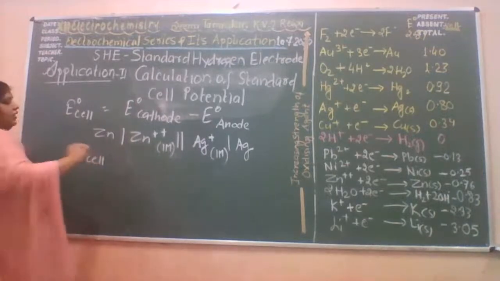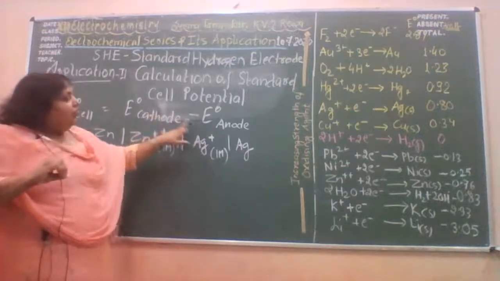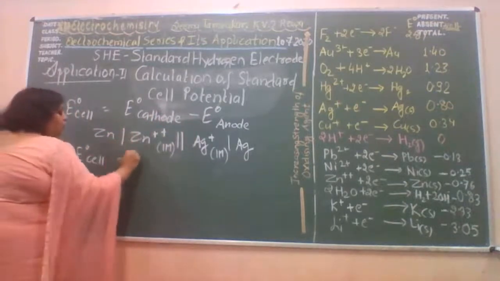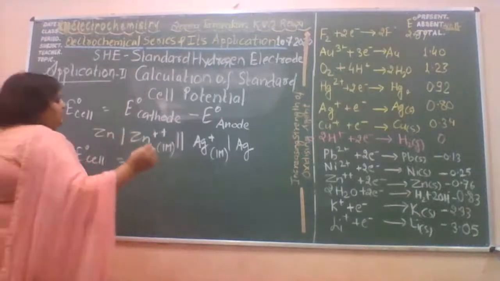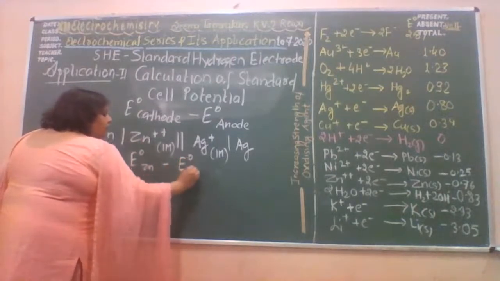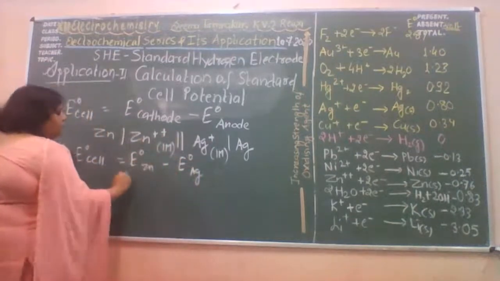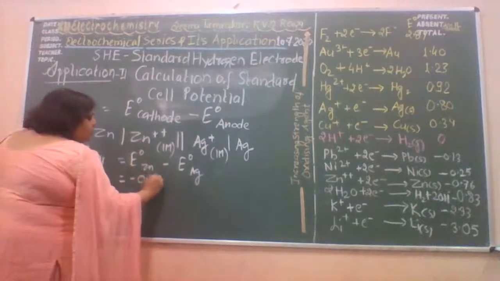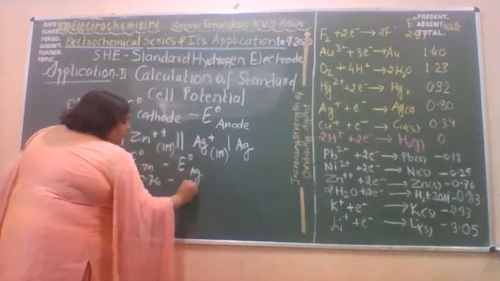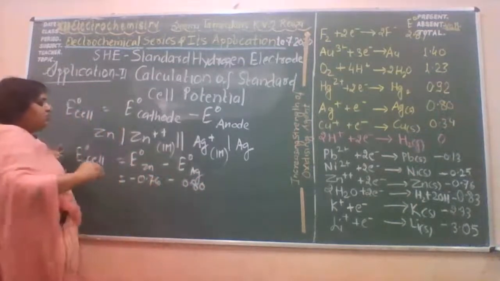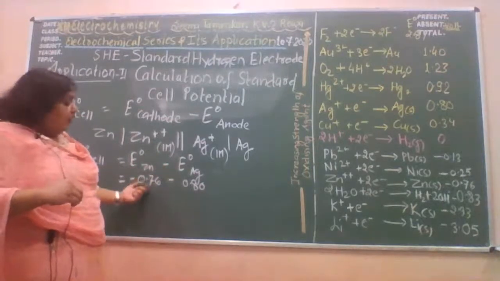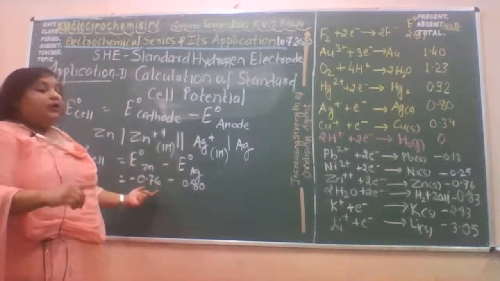Now E naught cell. Now I'm treating the Ag as the anode and the zinc as cathode. What is the value of E naught Zn minus E naught Ag? Its value is minus 0.76 and its value is minus 0.80. Now what you see is that both the quantities are negative, so definitely they are going to be added, but the sign will come negative.